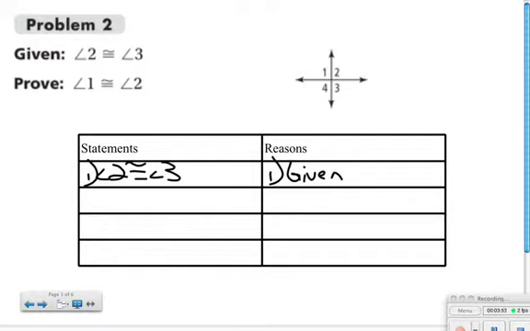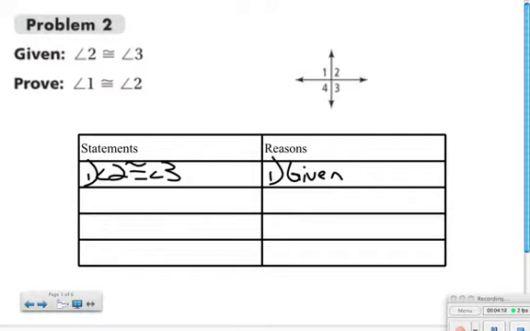So I have that angle 2 is congruent to angle 3. I want to prove that angle 1 is congruent to angle 2. So what I'm looking for is some way to bring angle 1 into the picture. What can I say about angle 1 that's going to get me closer to saying that angle 1 is congruent to angle 2? Yes? Angle 1 is congruent to angle 4.